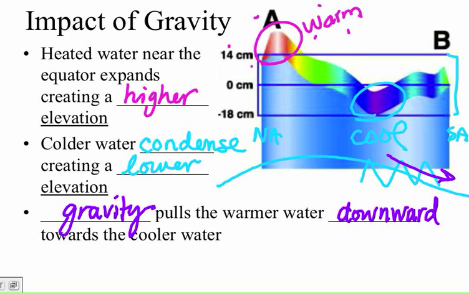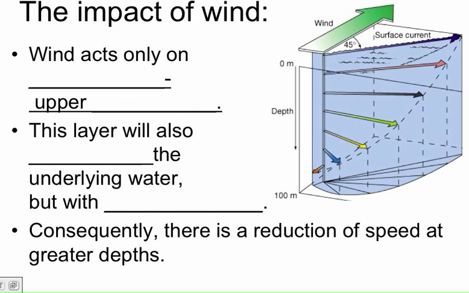Wind is going to be a big impact on surface currents. Knowing that wind is quite frequently blowing around on the ocean surface, we know an impact is inevitable. But the wind, of course, is only acting on the very surface of the surface currents.